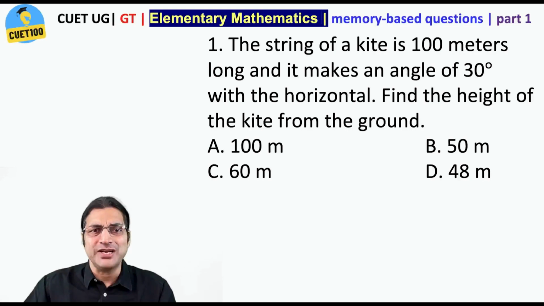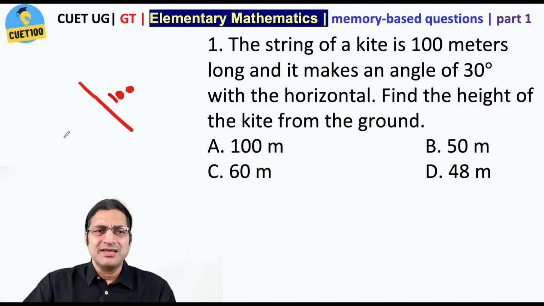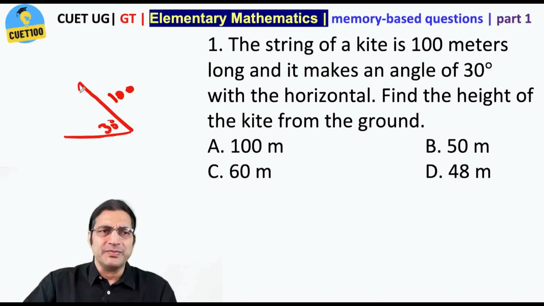This question is very doable. The string of a kite is 100 meters long, and it makes an angle of 30 degree with the horizontal. So it would be somewhat like this. This is 100, and this is 30 degree. This would be the height, h.